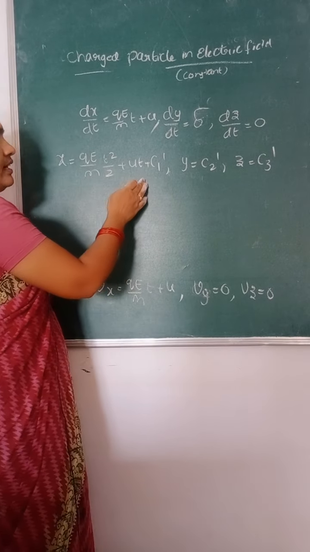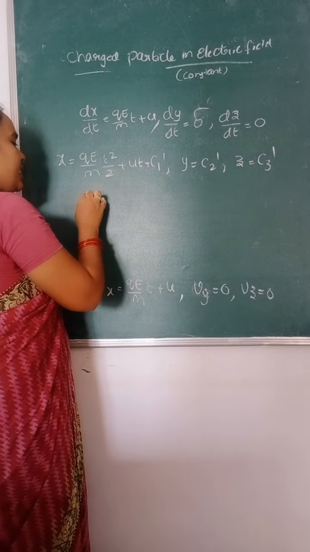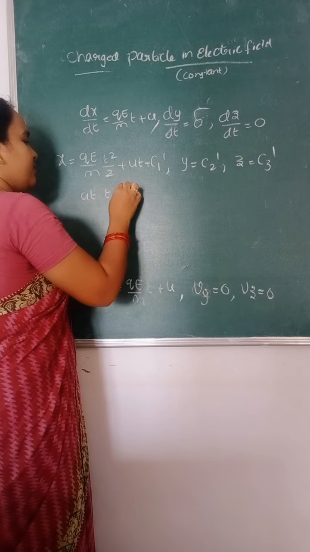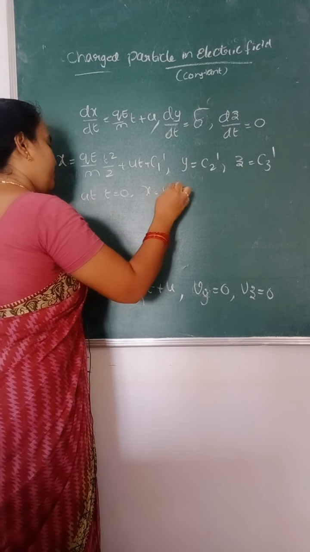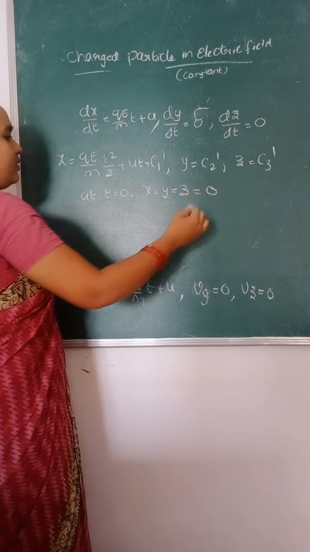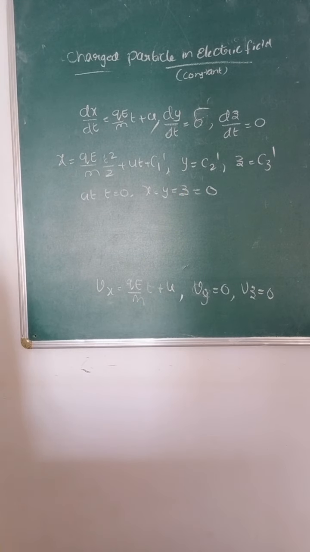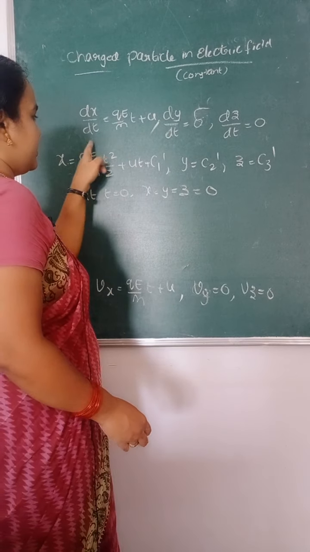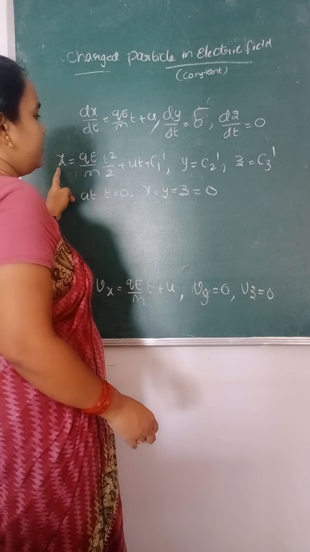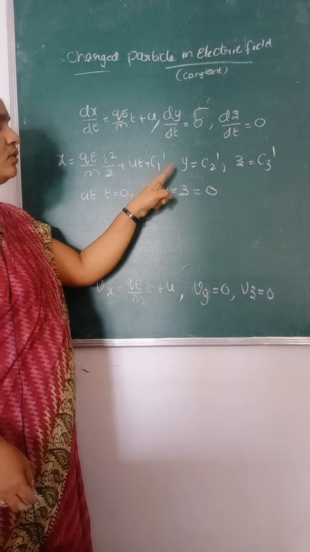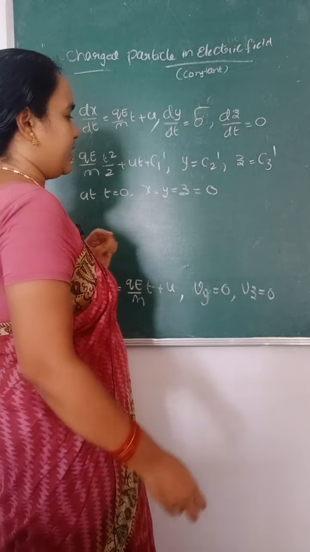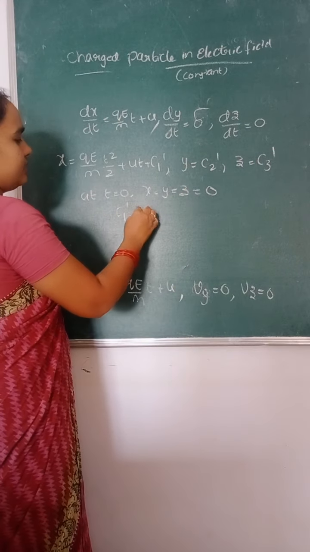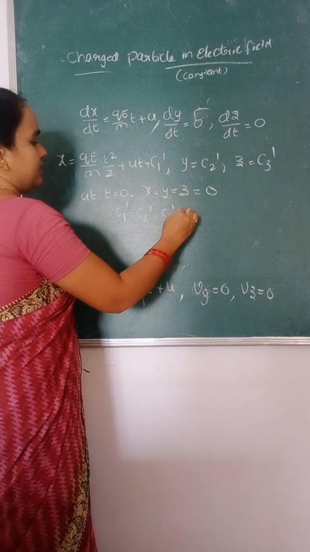In order to calculate these constants of integration, initially at time t equal to 0, let us assume x, y, z are equal to 0. Then at t equal to 0 the total quantity is 0, so c1 dash value is 0, c2 dash value is 0, c3 dash value is 0.